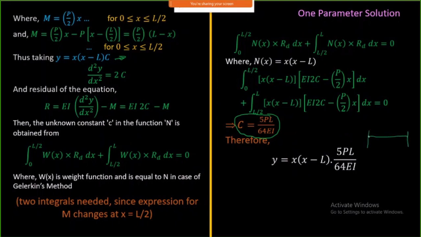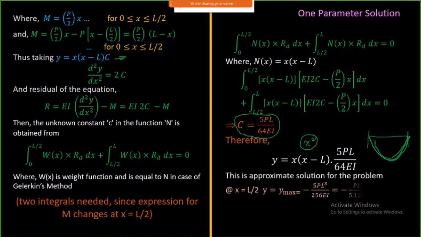Because x times x ultimately becomes x squared, it shows parabolic behavior, which you can trace out using this. Then at x equal to L by 2, the middle point where you applied the force, the deflection is maximum, and that maximum displacement can be determined by this equation.